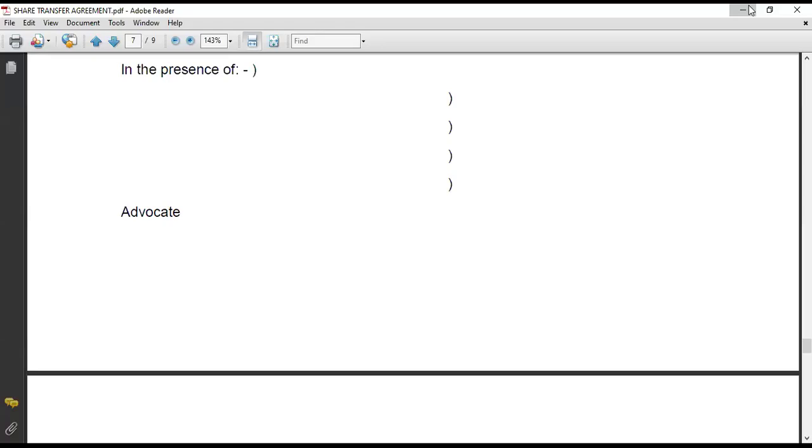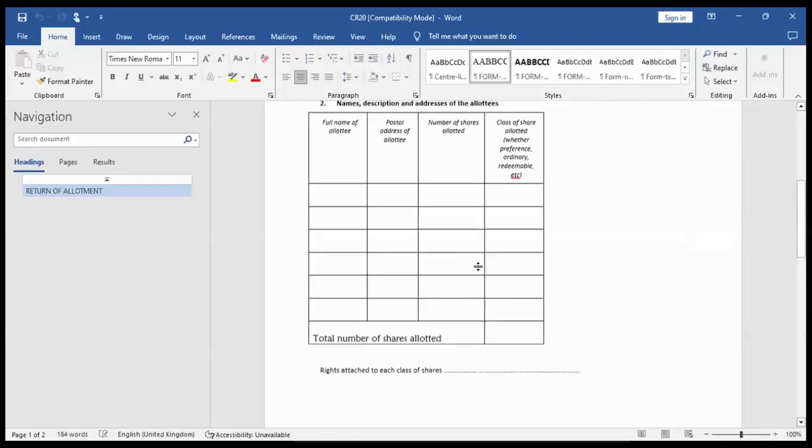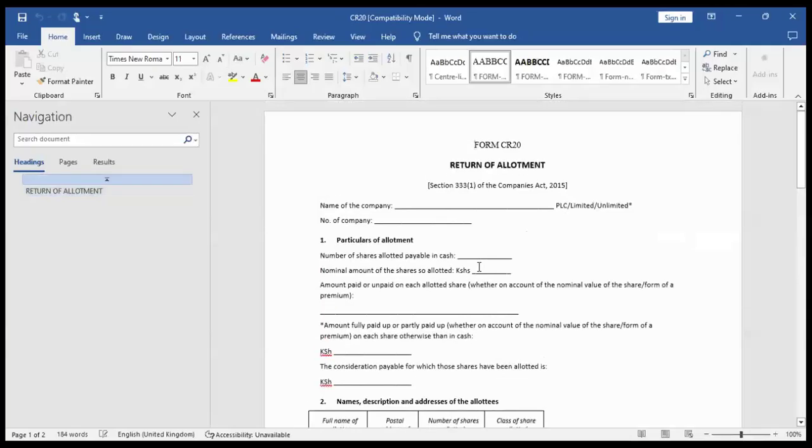The BRS website has all those forms, the companies forms, which are needed. I can project the form. They're on the BRS website. Return on allotment.